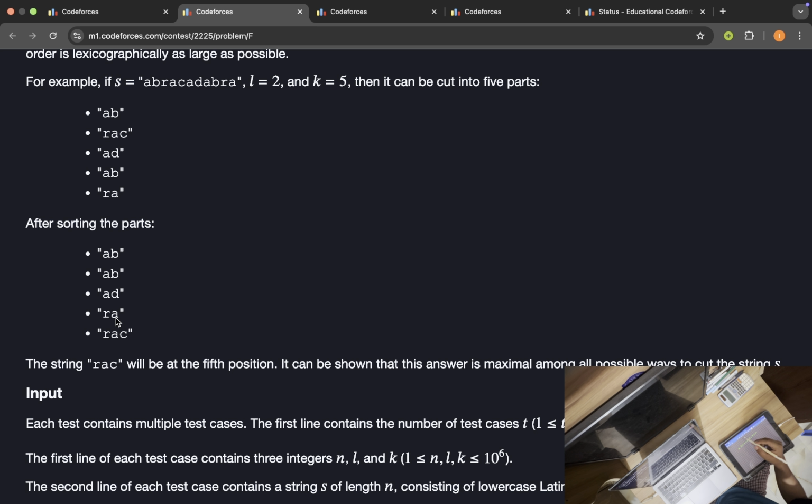If I divide the values, what's the largest value? I have to find the largest value at first. I'll try to make that value at some position. Largest value is that, RAC.